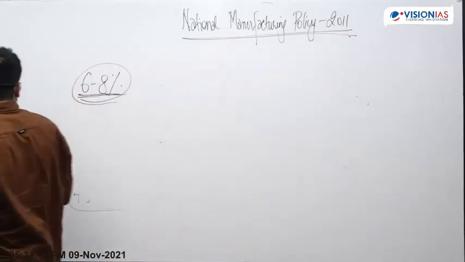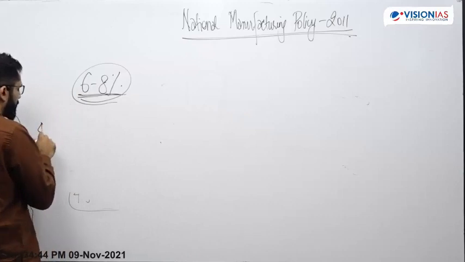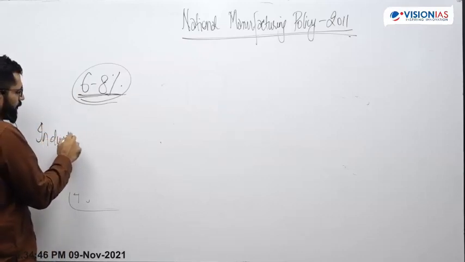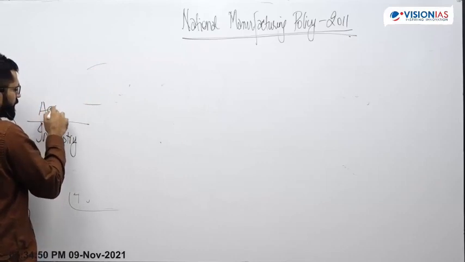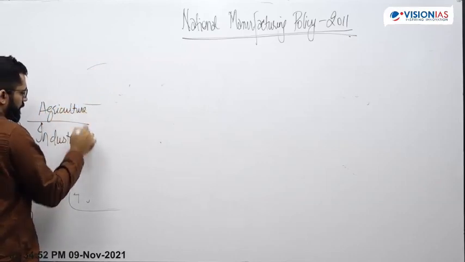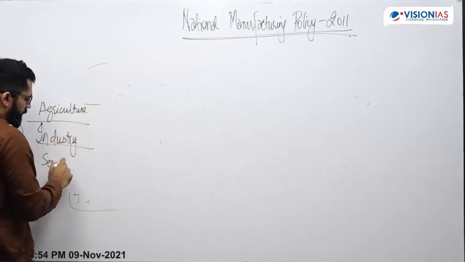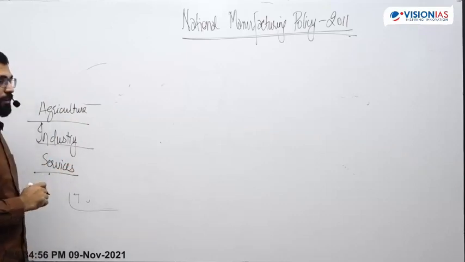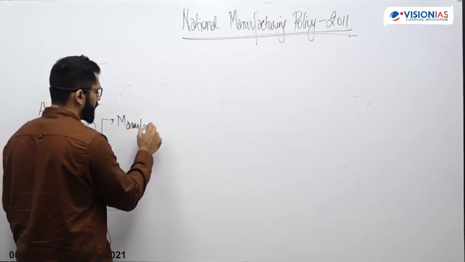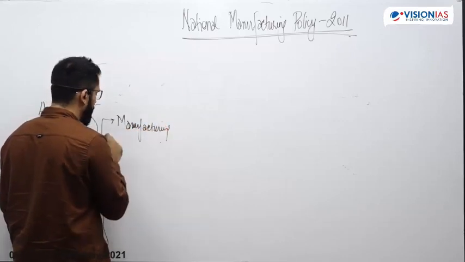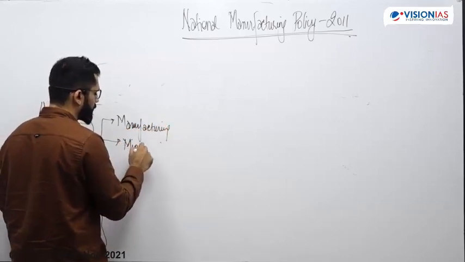See, one thing, let me clarify here. Industry is the broader subset. 3 classification होती हैं sectors की: agriculture, industry and services. One of the subsets of industry is manufacturing. The largest is manufacturing, in fact. But there are other things included under industry also.